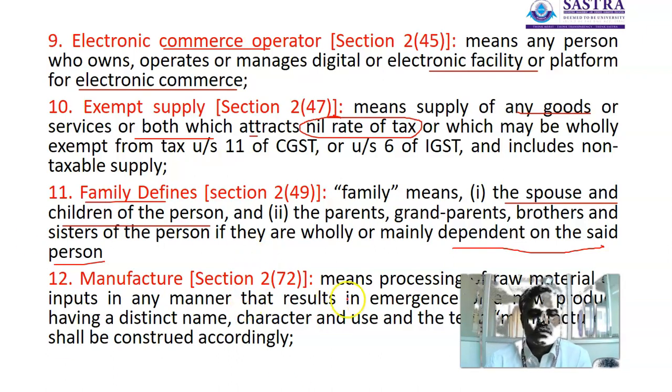Manufacture, Section 2(72), means processing of raw material or inputs in any manner that results in the emergence of a new product having a distinct name, character and use. Manufacture is nothing but producing a product with the help of material, labor and overheads. The result should be output.